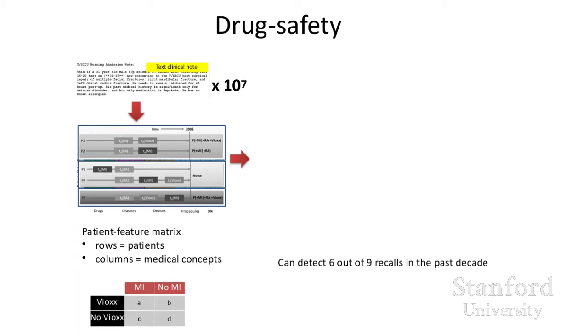And so if this was a data mining system, that's when we would have sort of suspected that, okay, maybe something's going on and we should investigate this drug more often. And this is the kind of data analysis actually that Kaiser did many years ago, which ultimately led to the 2005 recall. Turns out that this simple analysis done using text mining could detect 6 out of 9 recalls in the past decade.